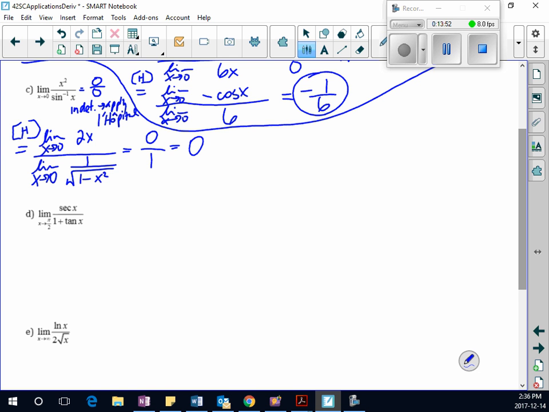I was thinking tan of 0, not tan of pi over 2. So secant of pi over 2 is what, first off? Undefined. Cos is 0, so it would be 1 over 0, right? So this is 1 over 0.